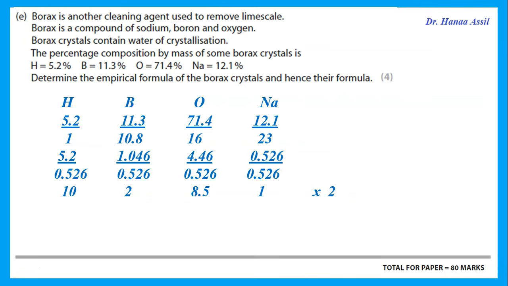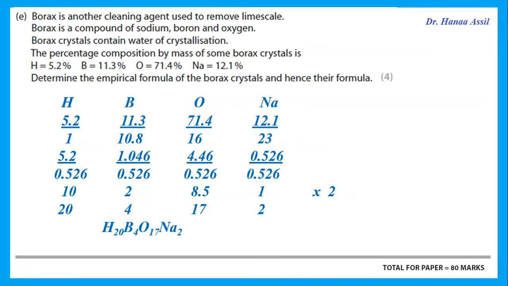And we said if one of them is 0.5, you multiply all through by 2 so that they are all whole numbers. Do not round up the 8.5 and make it 9. We multiply all through by 2, so actually the ratio is 20 to 4 to 17 to 2. This is the empirical formula, H20B4O17Na2. That's the empirical formula.